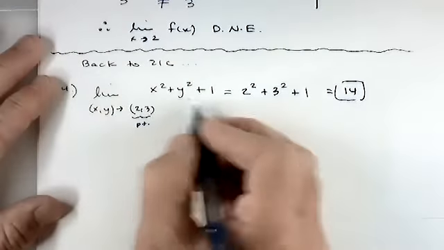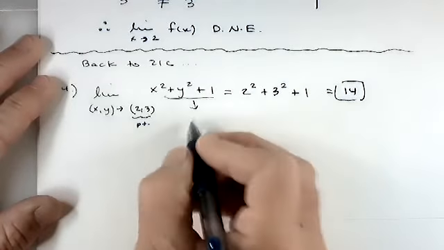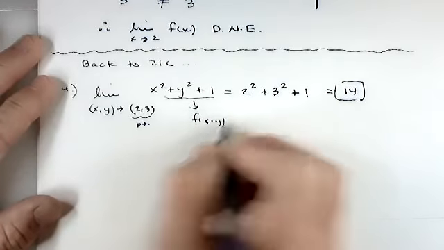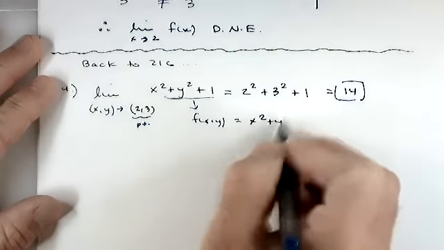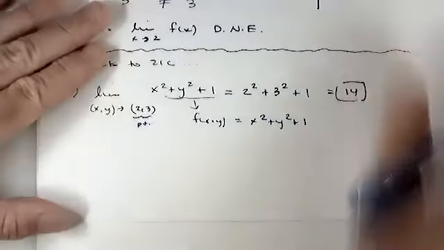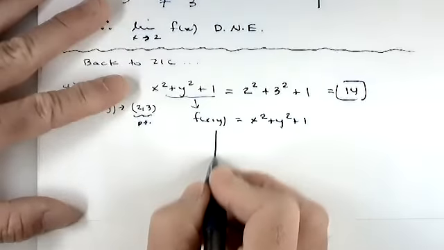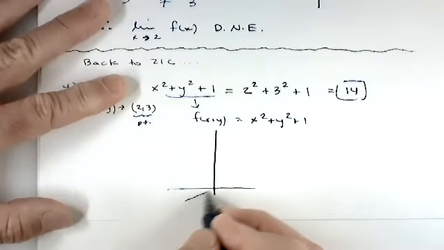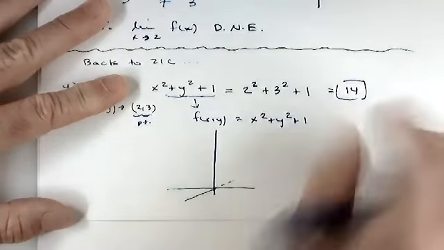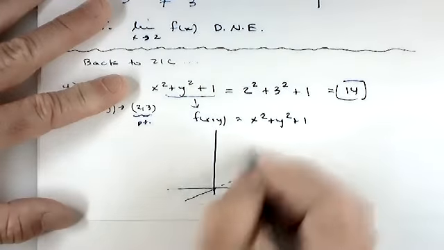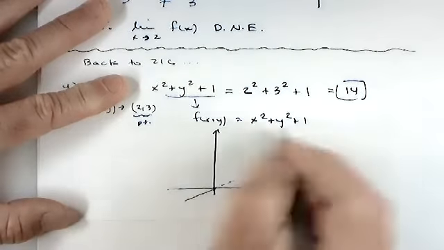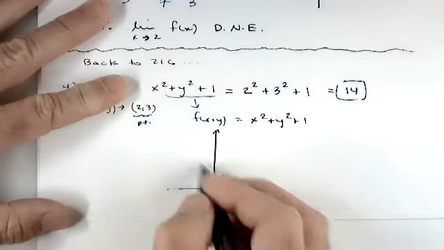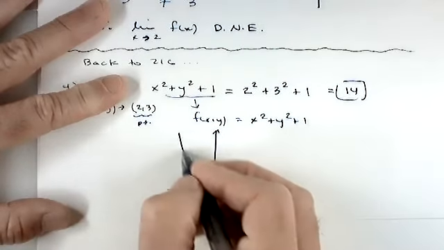And all this is saying is, if I think of this function x squared plus y squared plus 1, this is actually a function we've talked about, just saw it earlier. Without that 1, that's a paraboloid opening upward. The plus 1 just moves the paraboloid up 1 unit.